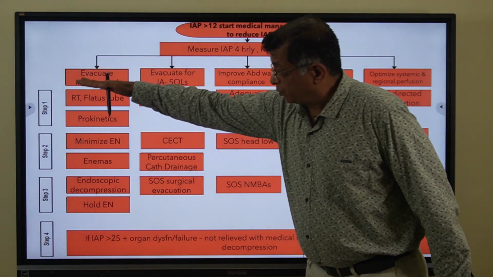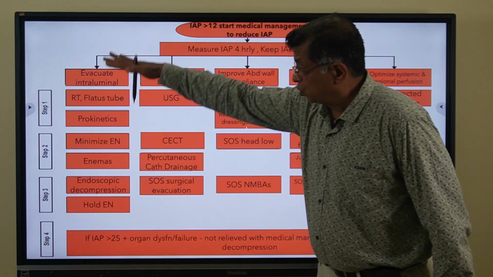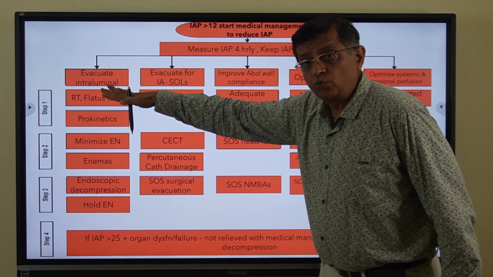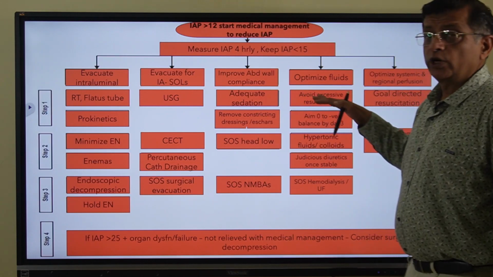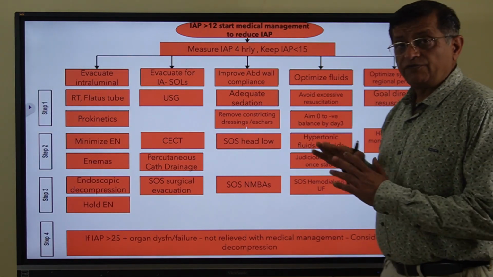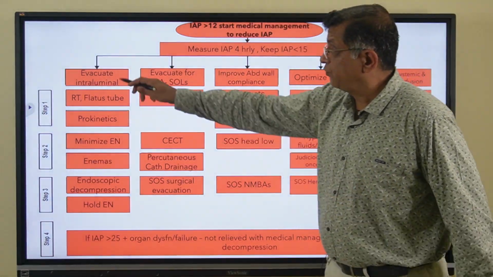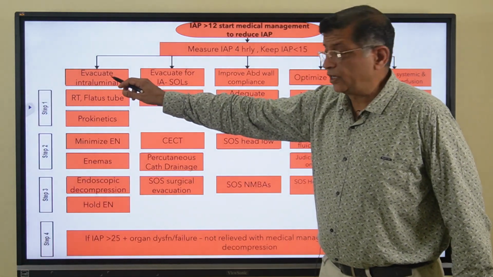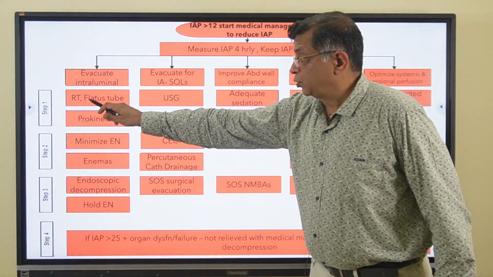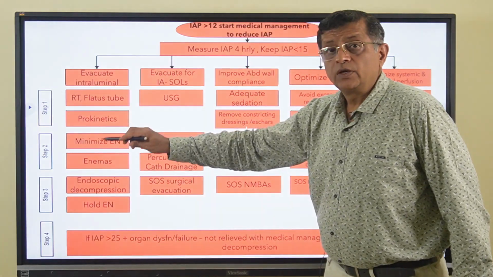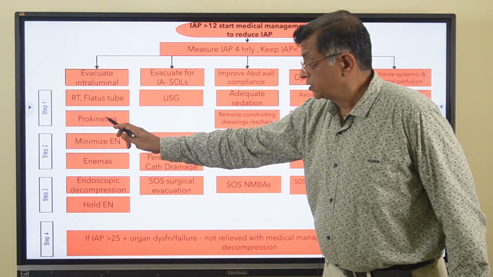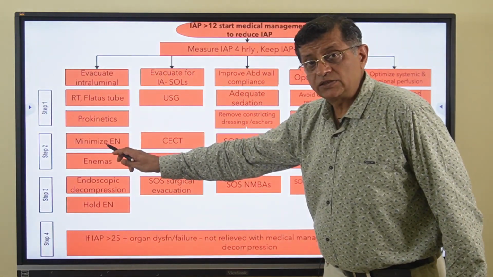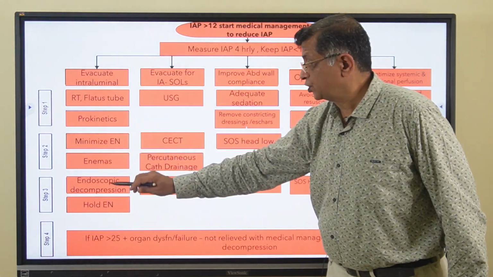So there is step 1, step 2, step 3, step 4. As the patient worsens, you do more and more interventions. There are multifaceted interventions. First is to evacuate intraluminal contents. For example, put a Ryle's tube, flatus tube, then you give prokinetics, then you minimize the enteral nutrition.